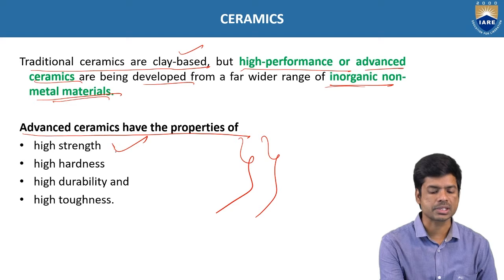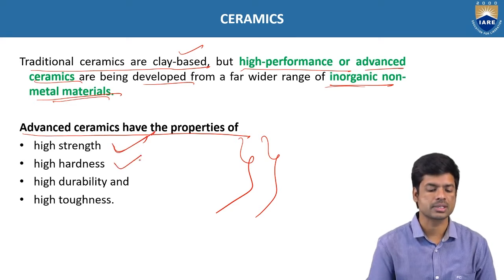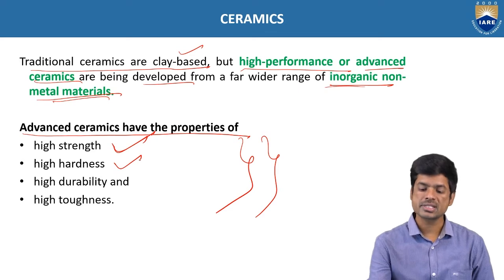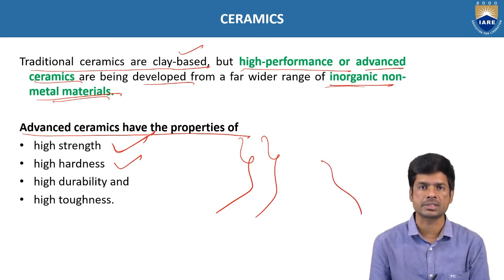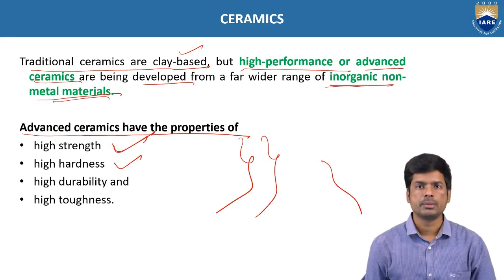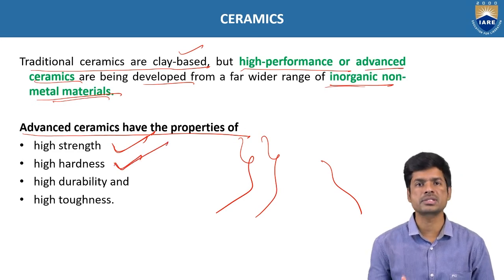The first one is high strength, and next, high hardness. Hardness is nothing but resistance to scratching. If you make any scratch or indentation on the material, we are not going to get any dips over the ceramic; it is going to resist. That is what high hardness represents: resistance to indentation or scratching.